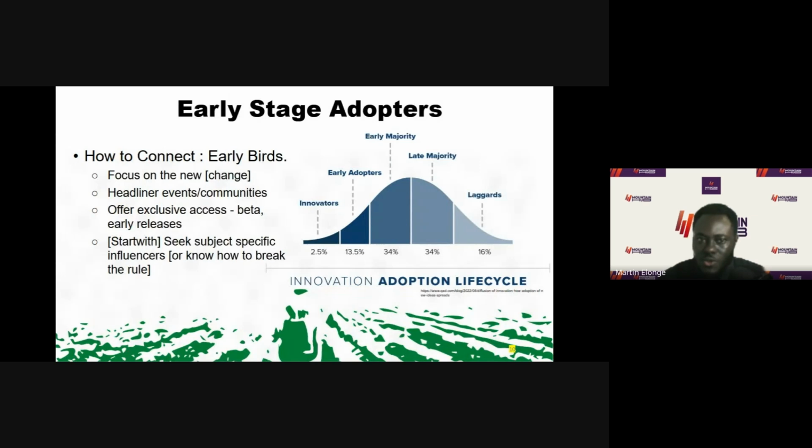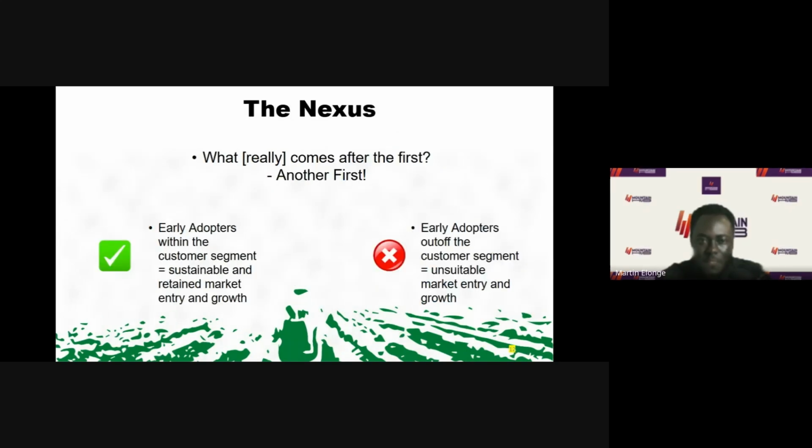So you want to look for early adopters that share the same values. We talked about values up there, that have the kind of interests with what you're trying to propose, because early adopters are intricately linked with defining our customer segments. Let's look at this nexus here. We have the green tick, which says that's what is best for us to do, and the X in the red background that says that's not what is best for us to do.